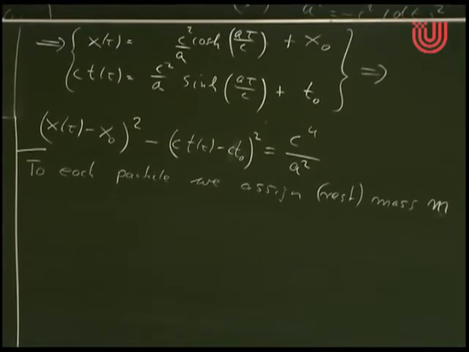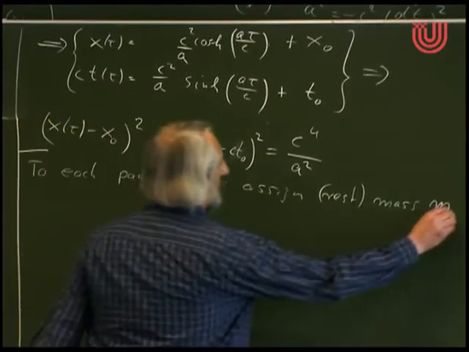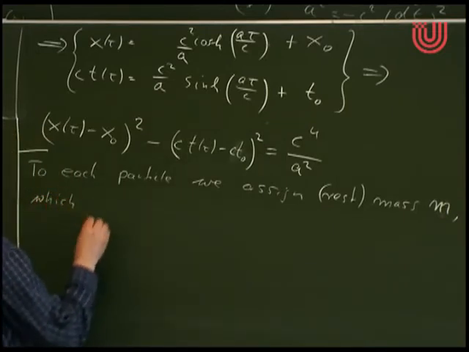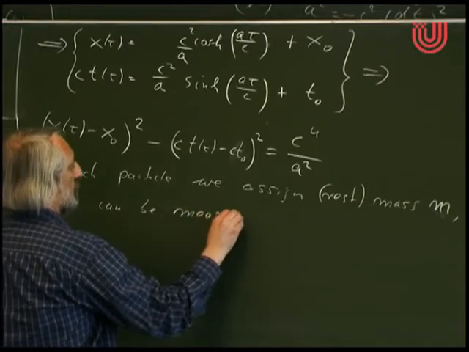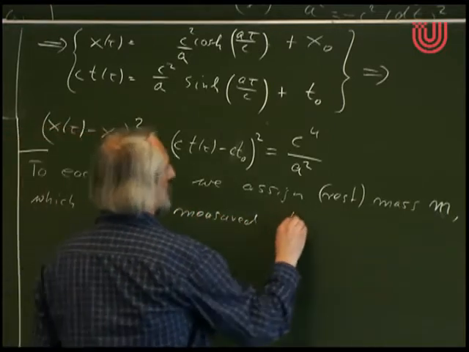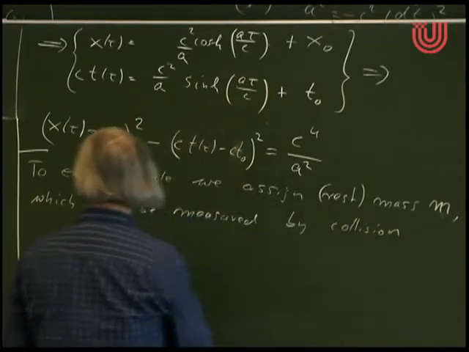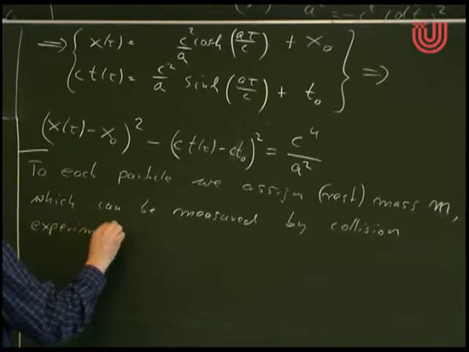And of course, you can ask yourself, how can we measure this rest mass? We will do a little exercise about this in the next worksheet, the third worksheet, where we will see that it can actually be measured by collision experiments. So we will talk a little bit about collisions of particles.